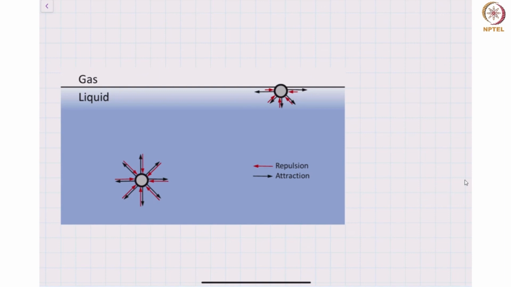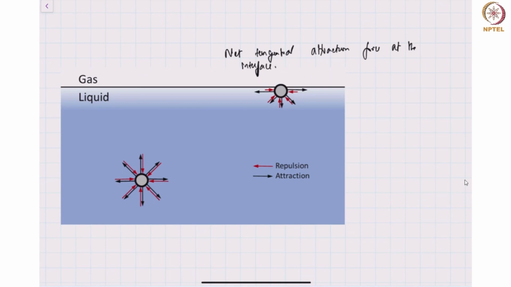And so what comes out of this mechanistic picture is that there is a net tangential attraction force at the interface.